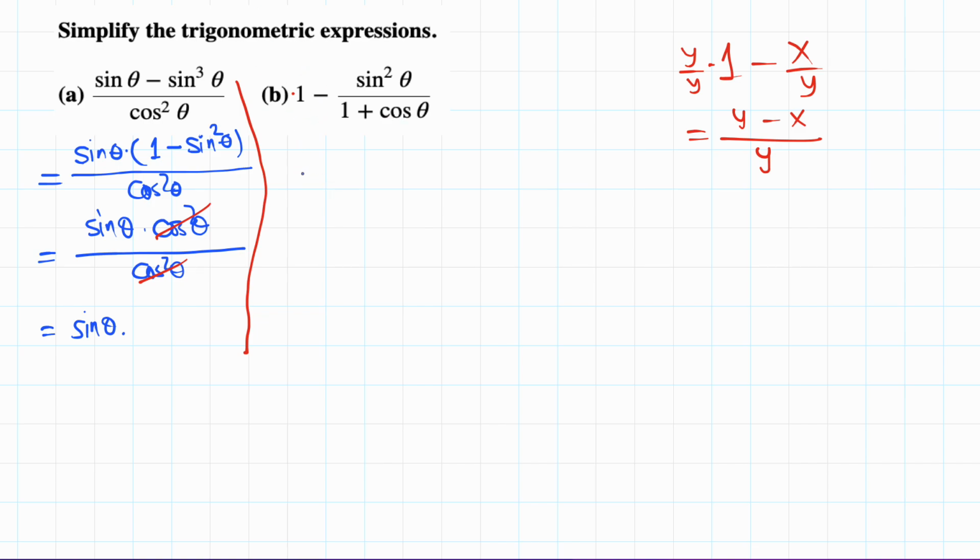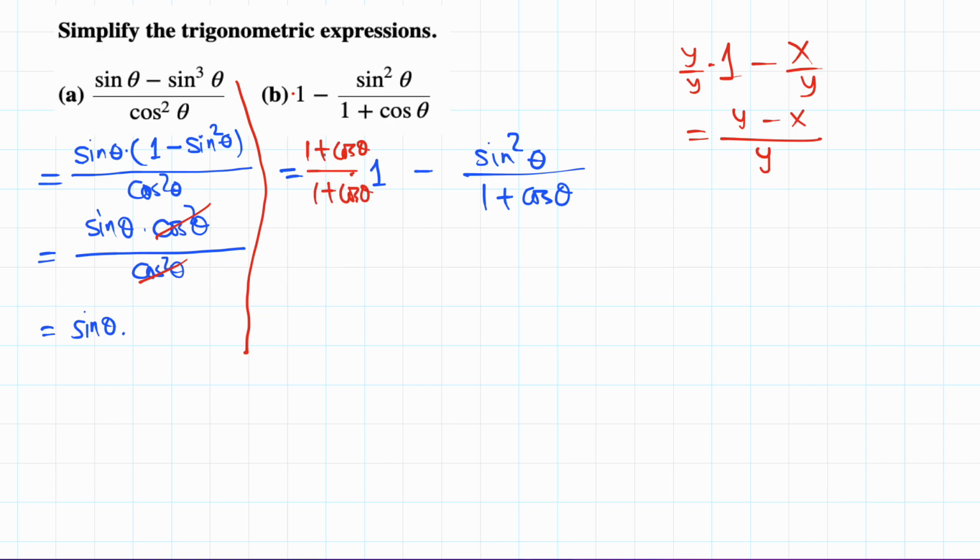You don't have to show that, but I'm going to show that anyways. So I'm going to rewrite this expression: 1 minus sine square theta over 1 plus cosine theta. We can multiply this by the bottom, 1 plus cosine over 1 plus cosine.